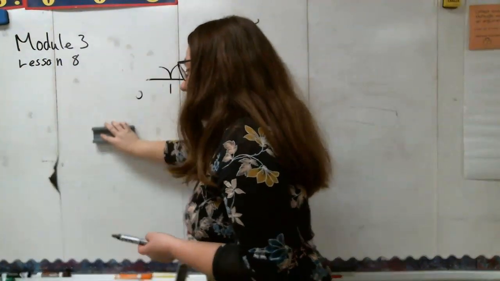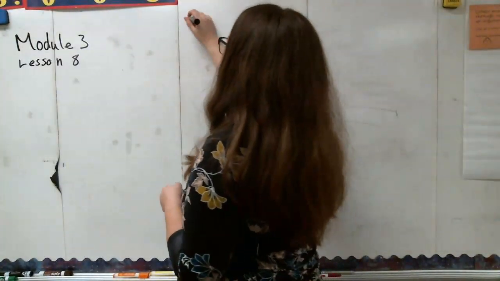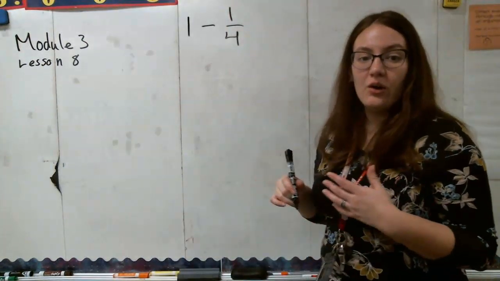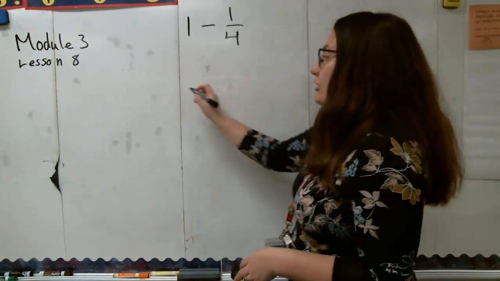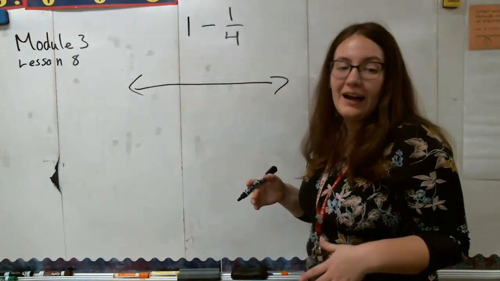So for this next problem, we are going to switch it up just a bit now, and we are going to be subtracting. So I have 1 minus 1/4. To show this, I'm actually going to do my number lines a little bit backwards.